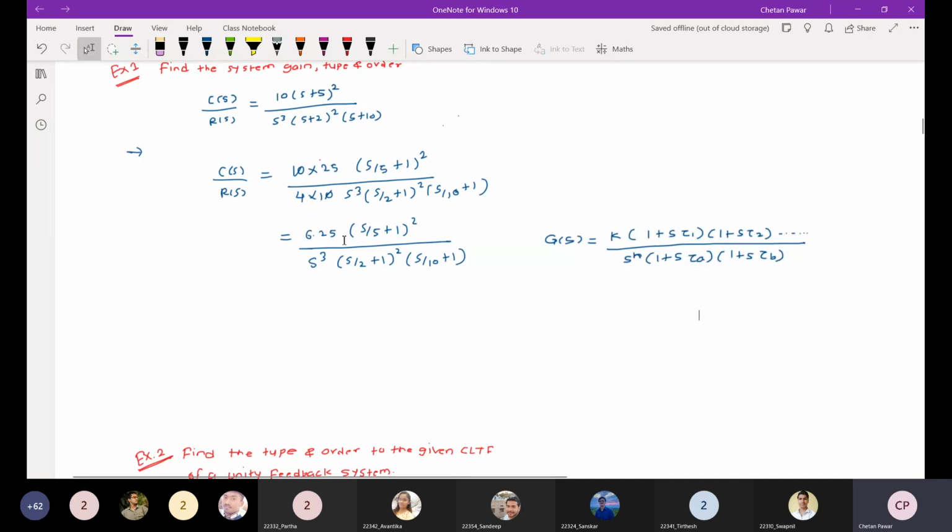So here the system gain is 6.25. And type is n, the number of poles at the origin. So how many poles at the origin? s cube, right? So the number of poles at the origin is 3. So the type of the system is 3.